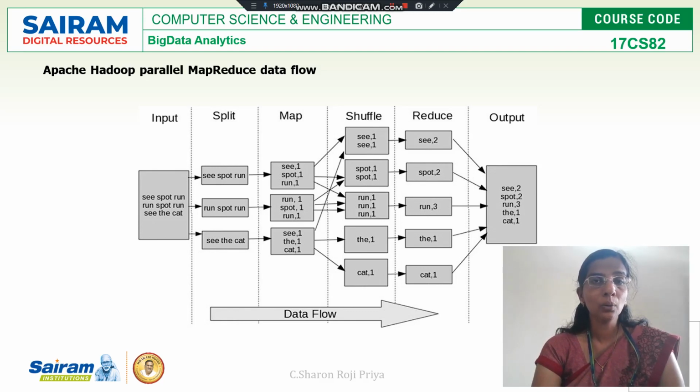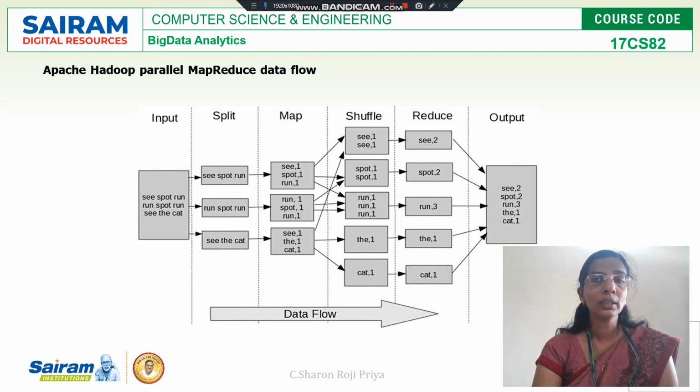Now, to assign a mapper to a split, you have to find the server that has this data, and you know it will have multiple copies. So I have to find the least busy node that has the data.